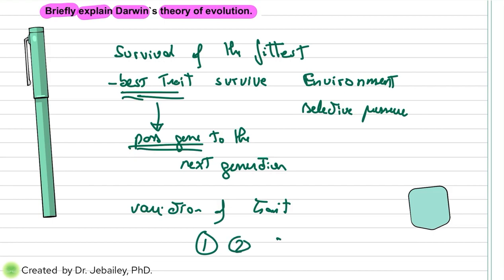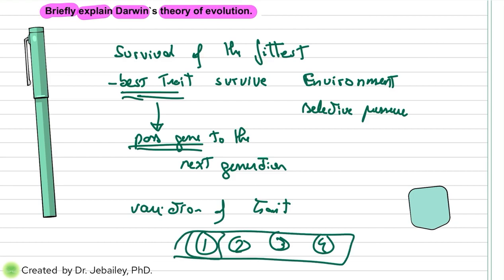So you have two, three, four variations of traits, and out of those maybe one is the best while the others die. There always needs to be a variation in the population in order to have the survival of the fittest.